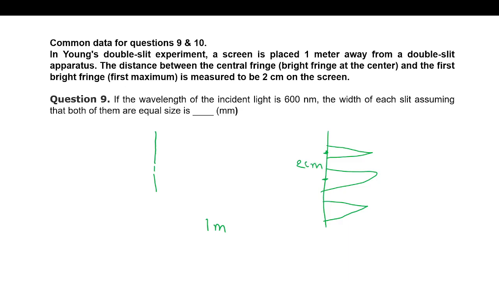Now you need to think about the question. Question 9. If the wavelength of the incident light is 600 nanometer, what is the width of each slit, assuming that both of them are equal size, in millimeter? So you need to find the slit size for both. So in mm, how can you find it out?